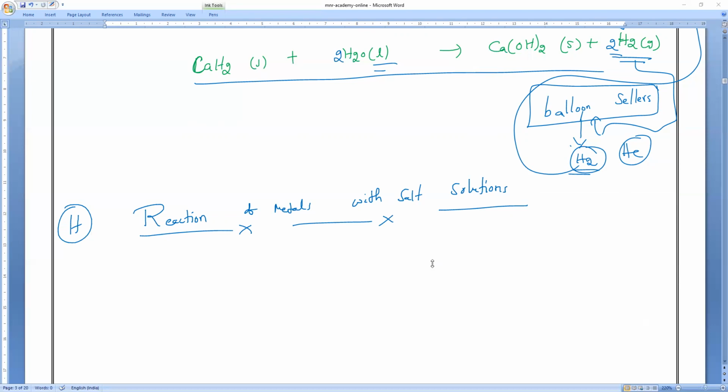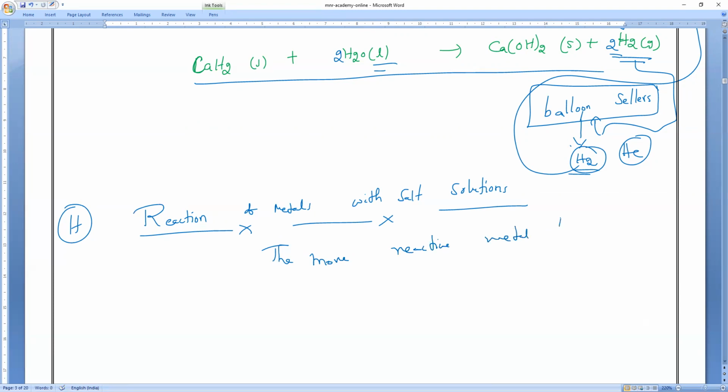What is the reaction called? Displacement reaction. Reaction of metals with salt solution and the more reactive metal displacement reaction are both the same.